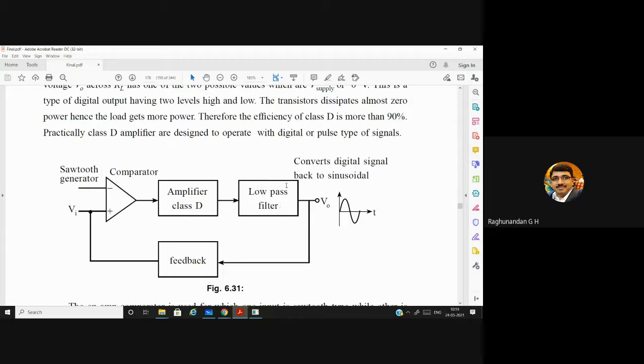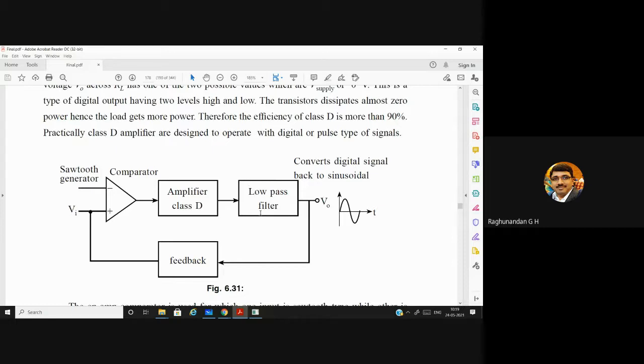Why we are using a low pass filter is, here the signal whatever we had given is a digital signal, and the amplifier, since it is taking a digital signal, automatically it is going to give a digital signal only. That means square waveforms it will be giving. By using a low pass filter, we can convert that digital signal back to a sinusoidal signal.